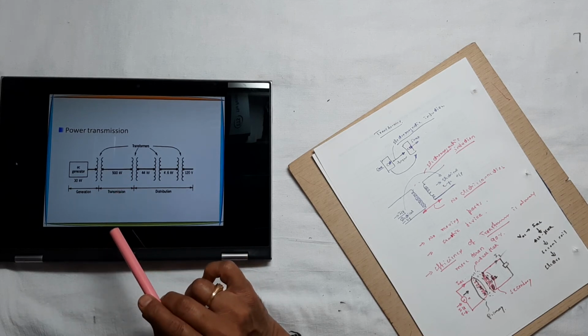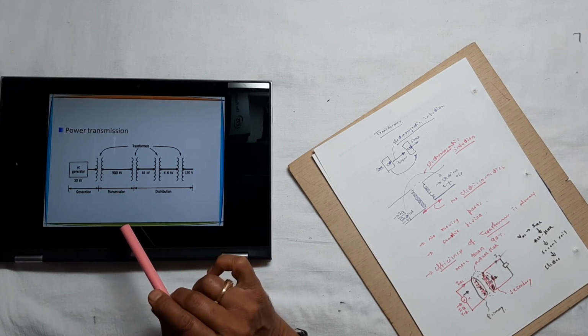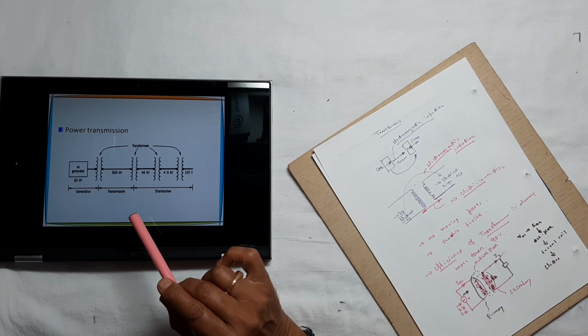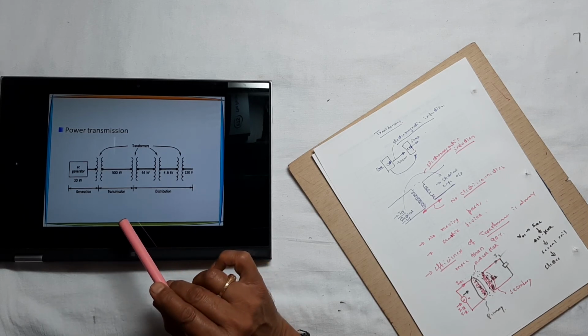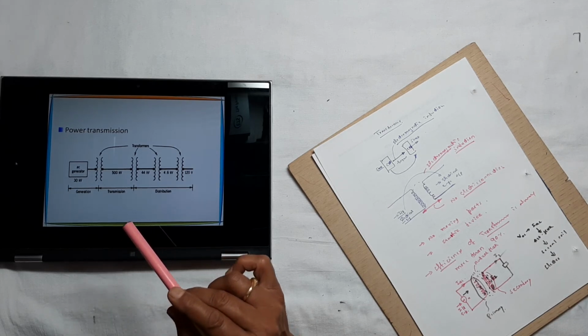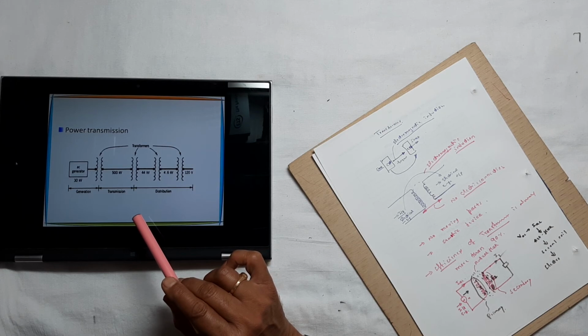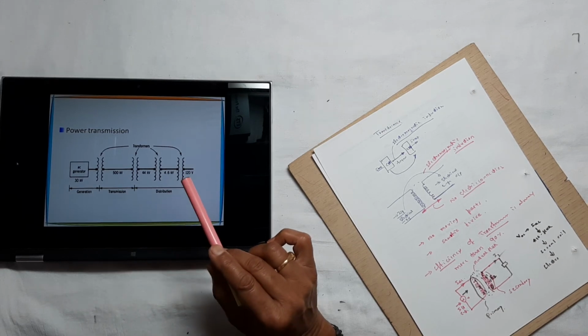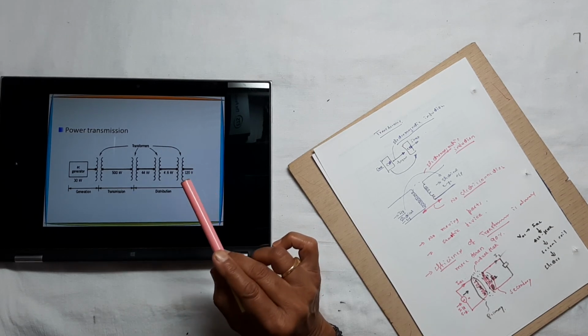If we reduce the current, the conductor size will reduce. If the conductor size reduces, the resistance of the circuit reduces, and if the circuit resistance is reducing, then the I squared R loss is also reducing and the efficiency of the system will increase. That is one advantage.